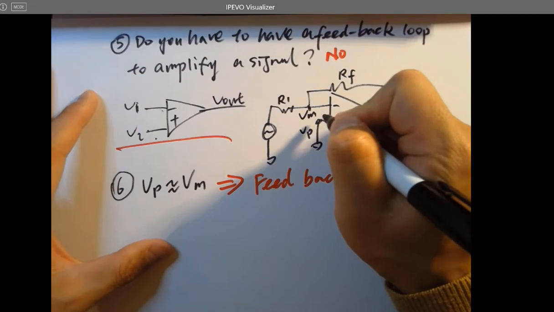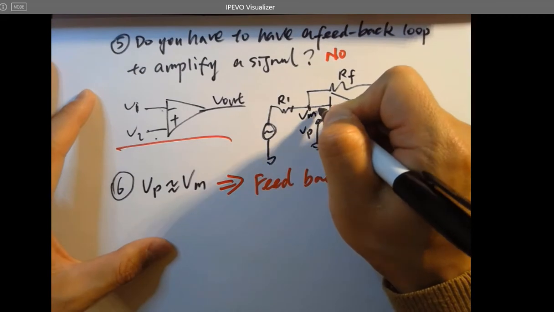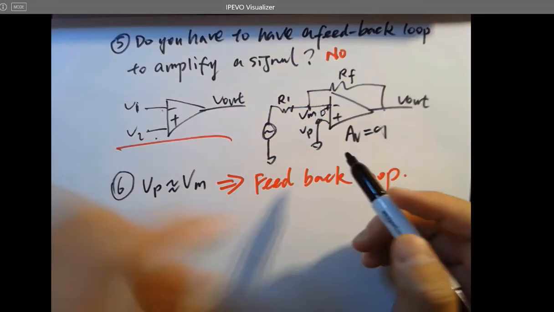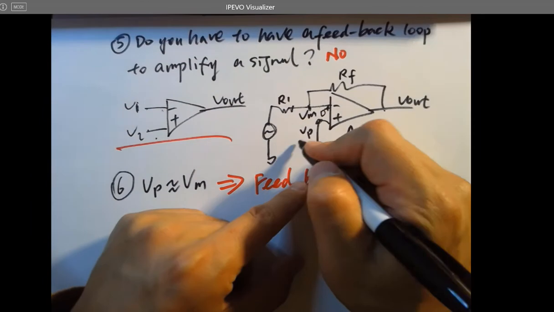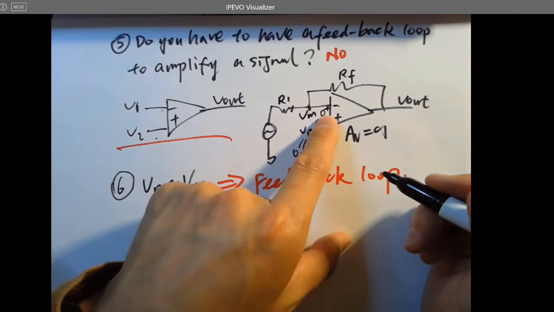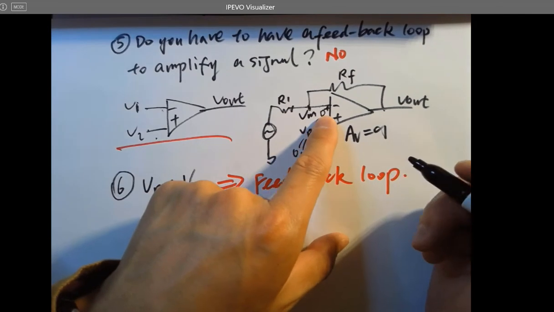For example, if this one is a little bit larger than 0, okay? Because here is 0, no doubt, right? VP is definitely 0 volts, it's ground. However, let's assume VM is not 0, it's a little bit larger than 0.